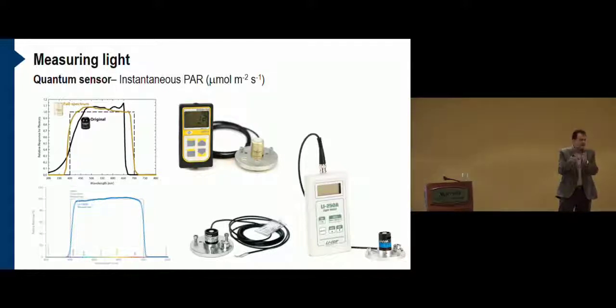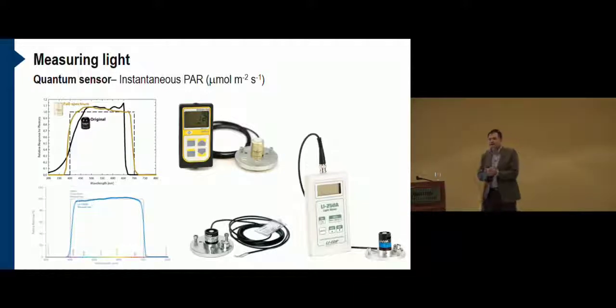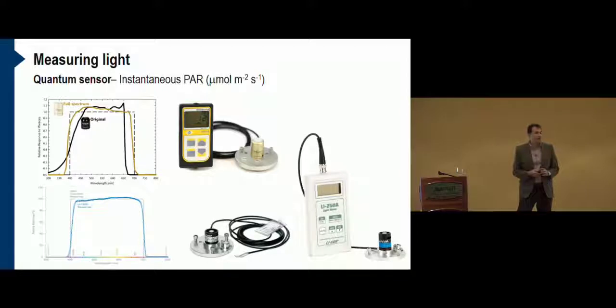So if you're using a red LED source, this sensor may not be sensitive enough or provide accurate readings under that sort of LED lighting. But there are also sensors in the market that provide better response to all the wavelengths in the 400 to 700 nanometer range. You can make a decision in terms of which type of sensor you would like to buy.